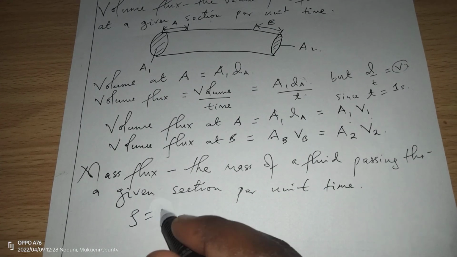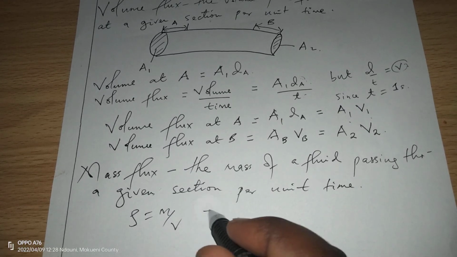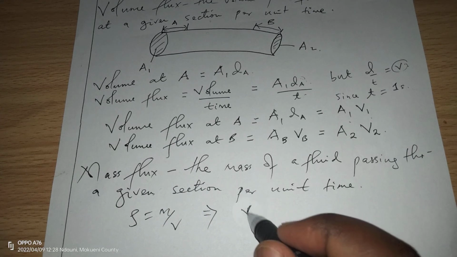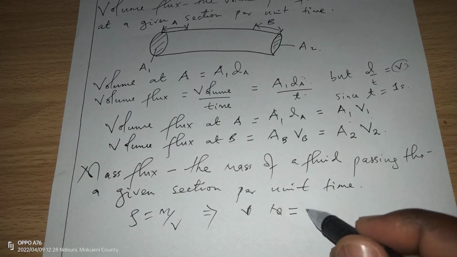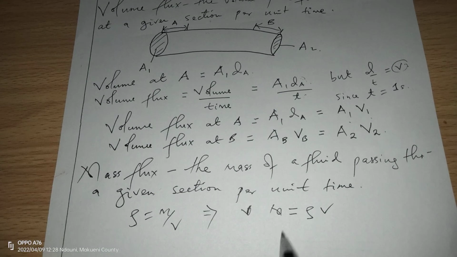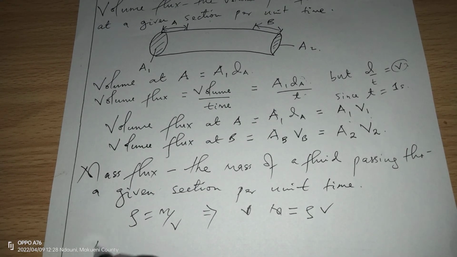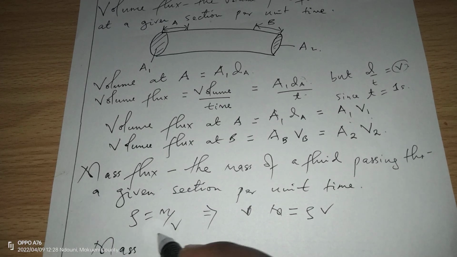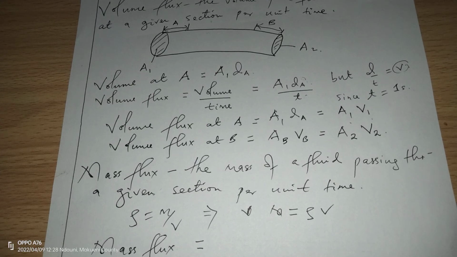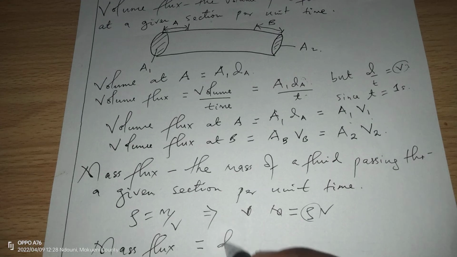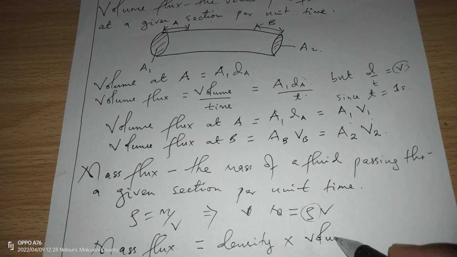Because we've already described what volume flux is, we can say because density equals mass out of volume, then mass is equal to density times volume. If mass equals density times volume, this is by definition, then it means mass flux is equal to density multiplied by volume flux.